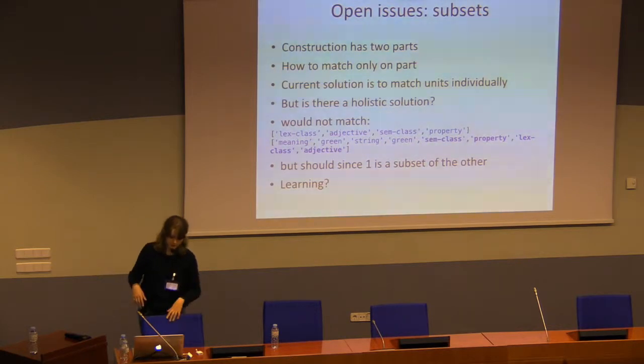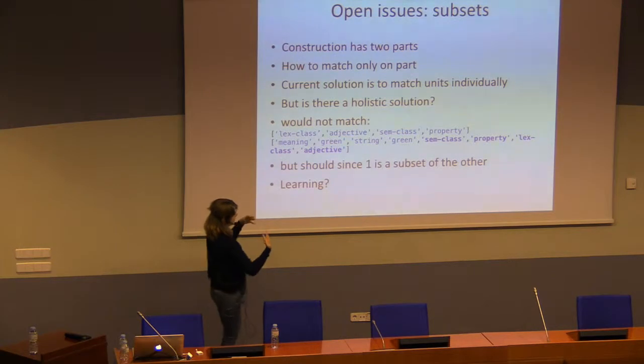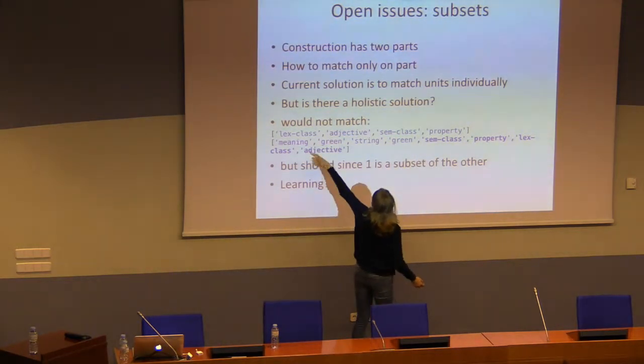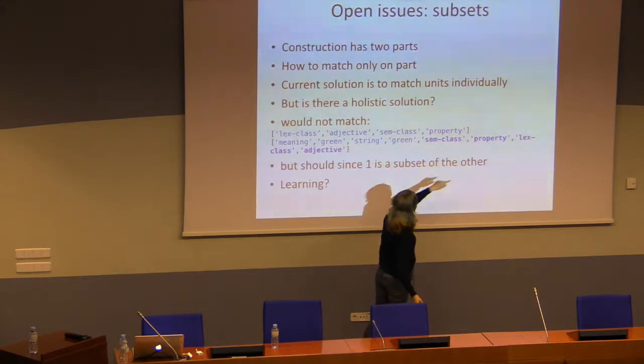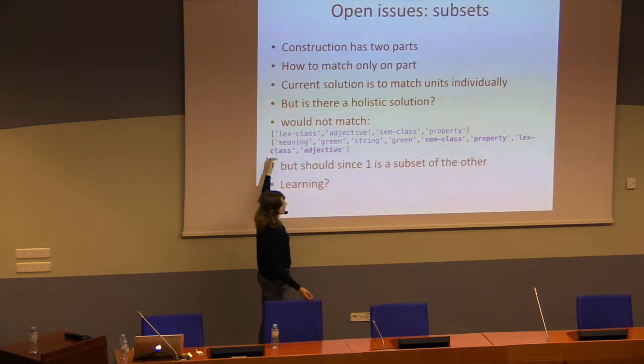Okay, so subsets then. This is an issue from the previous slide. If you are extending one structure with more pairs and it's becoming less similar to the original, that's okay. But the problem is that in FCG, we often need one structure to include the other one, and that's okay, they can still match, as long as there is some overlapping information. So for example, here, if this Lex class and SEM class are in this second structure as well, we would expect this to match in FCG.